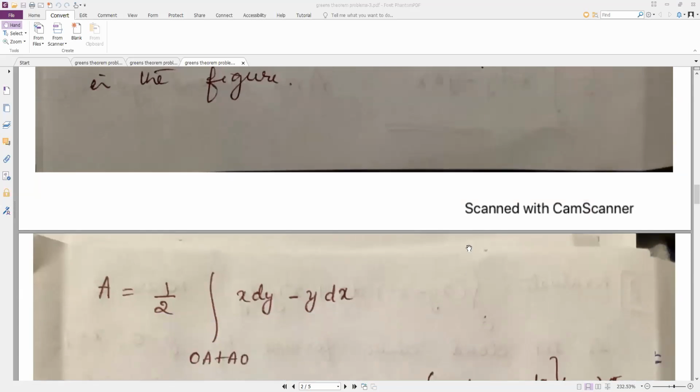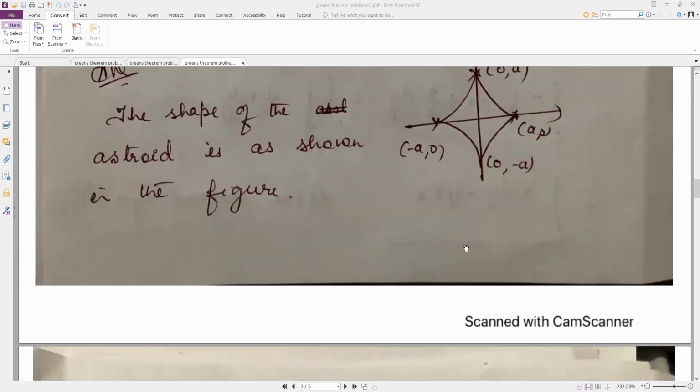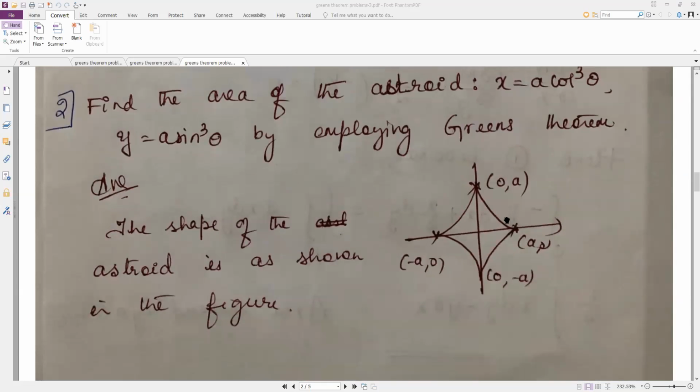Now can you see here? We are calculating 4 times the area in the first quadrant. So this is the region here 1, 2, 3, 4. So instead of doing all the region, we will see only the area in the first quadrant.